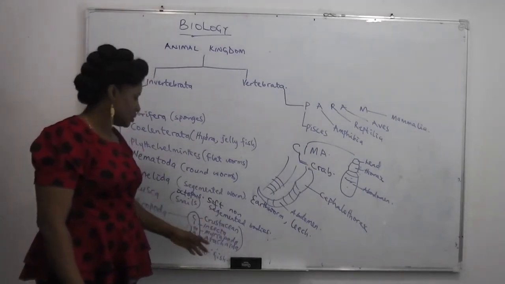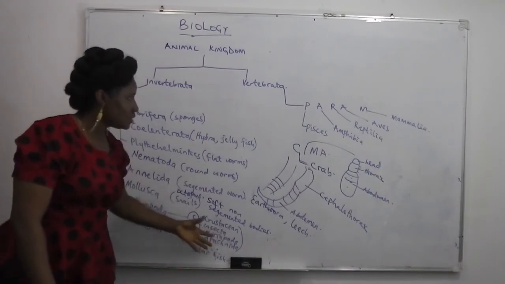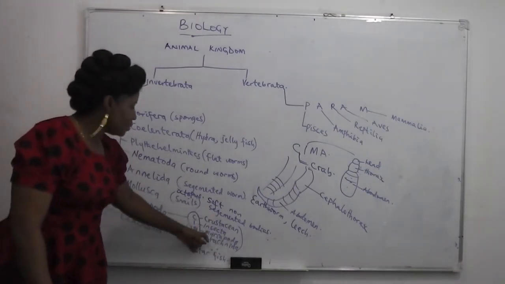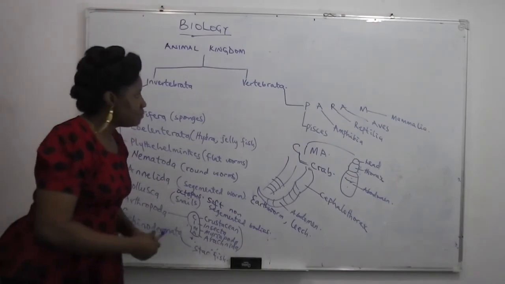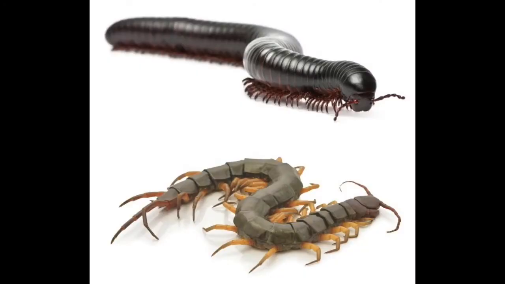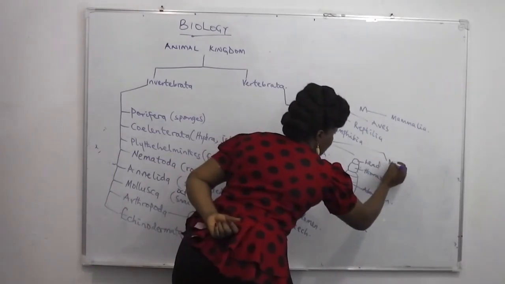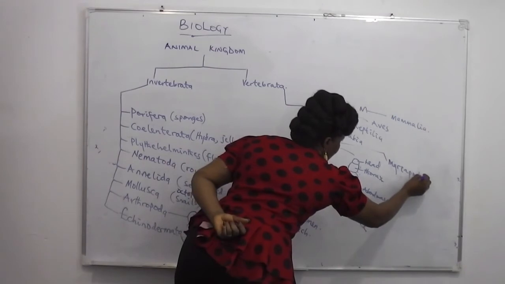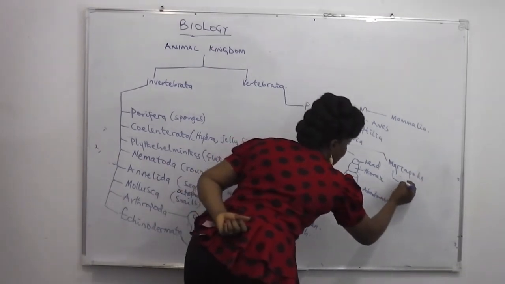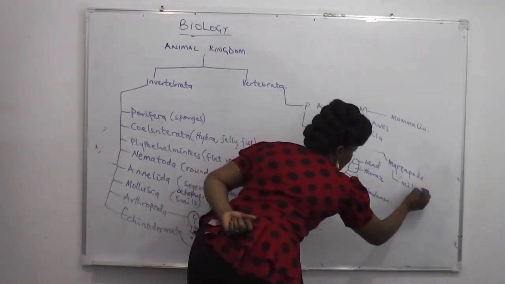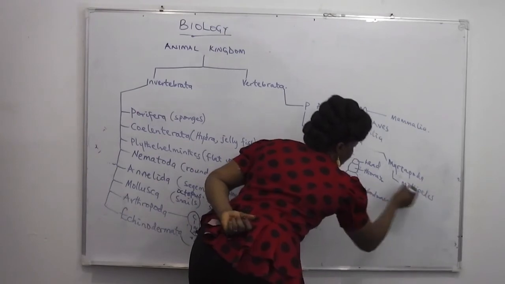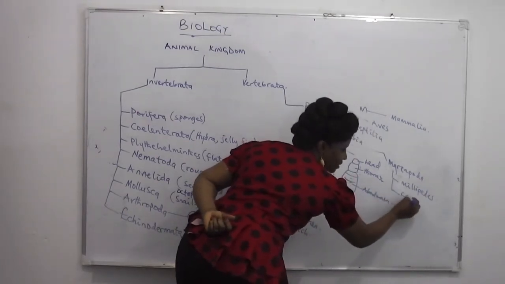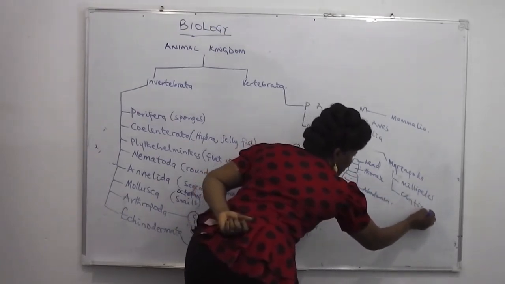The insecta, you have the mosquitoes, you have the cockroaches. Now we have the myriapoda, just as the name goes. The myriapoda, you have what? The millipede and the centipede, which is M, goes for what? Myriapoda. You have here the millipedes, and you have the centipedes.